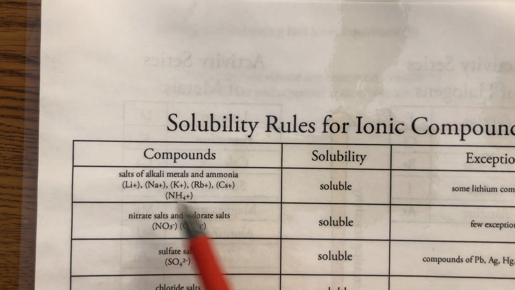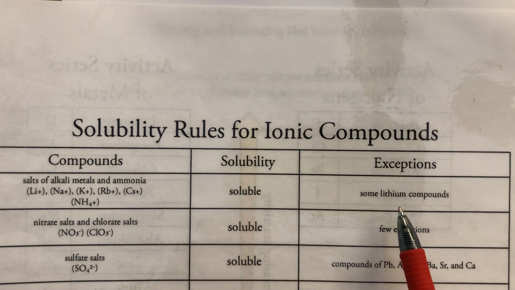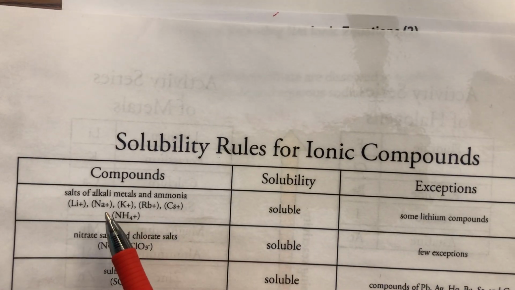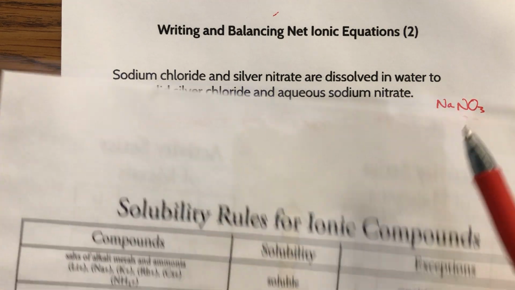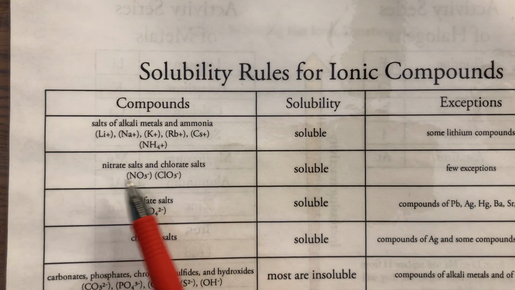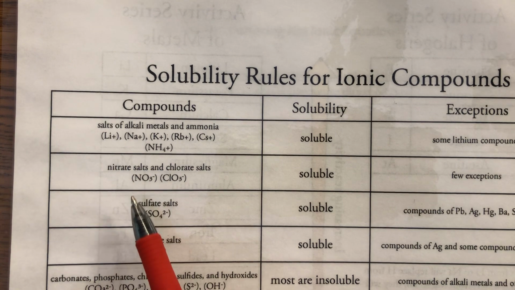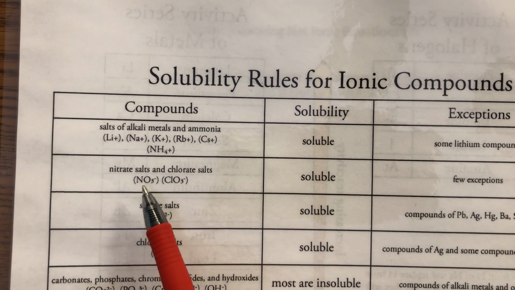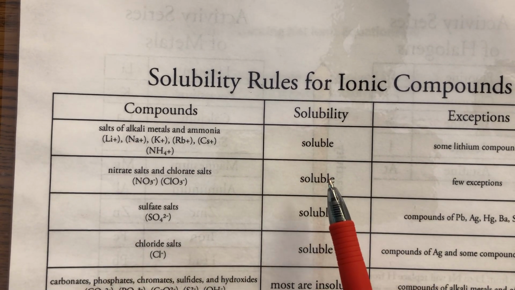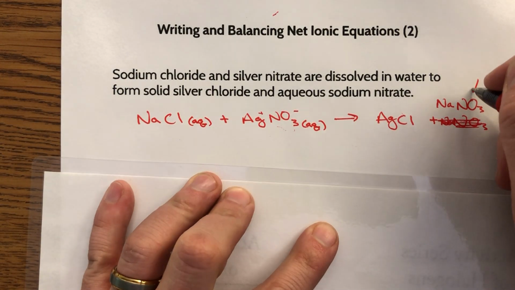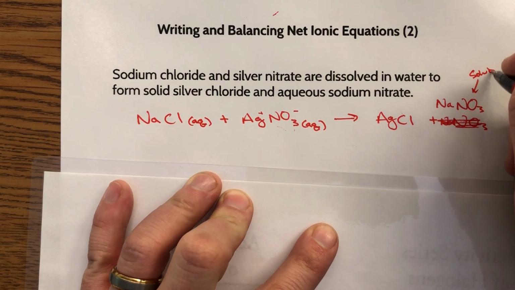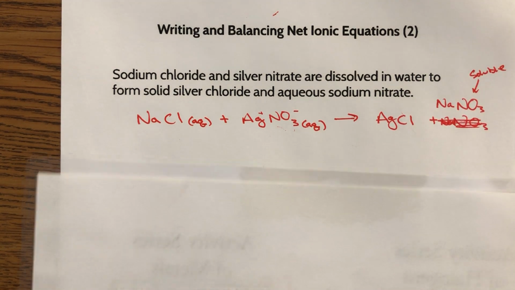Sodium is soluble except for some lithium compounds, so sodium is most likely going to stay in solution and be aqueous. And for NO3, nitrate salts are going to be soluble. It's going to stay in solution. So this one is most likely soluble.